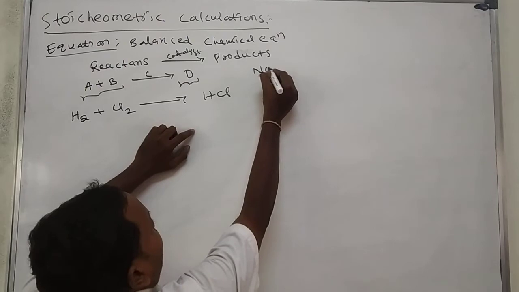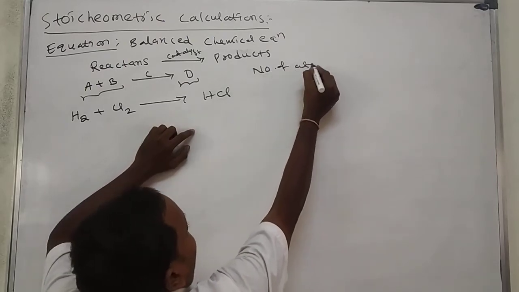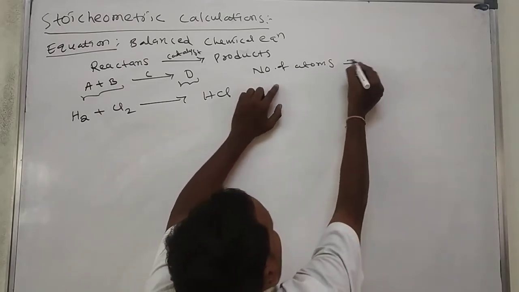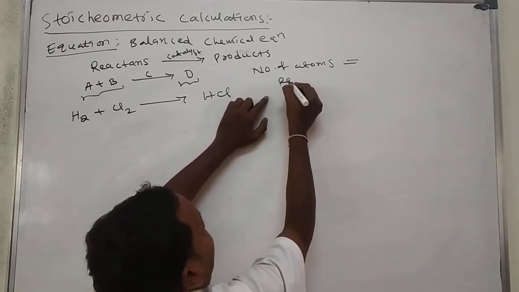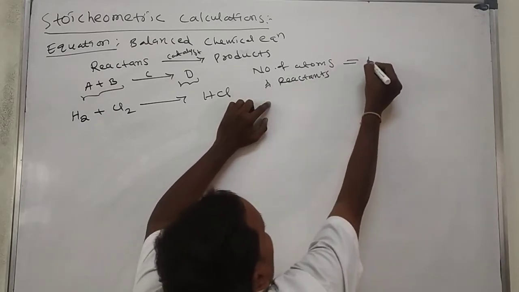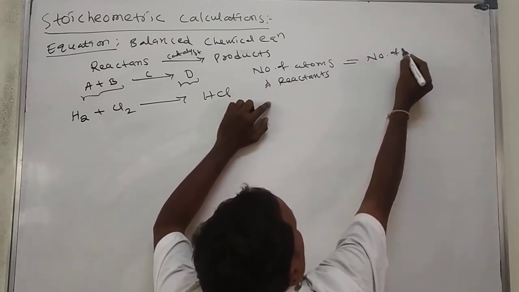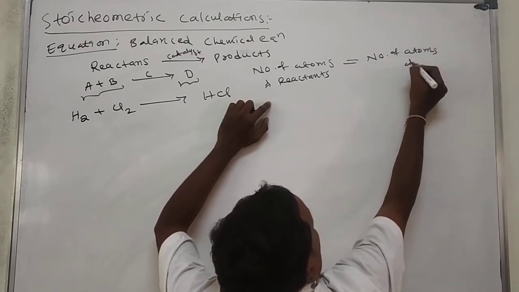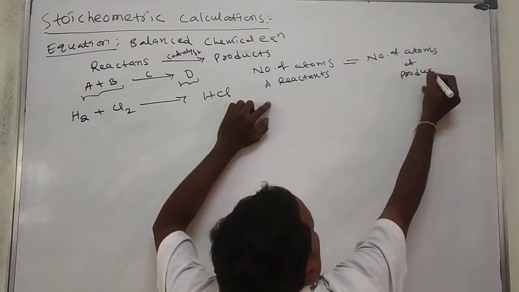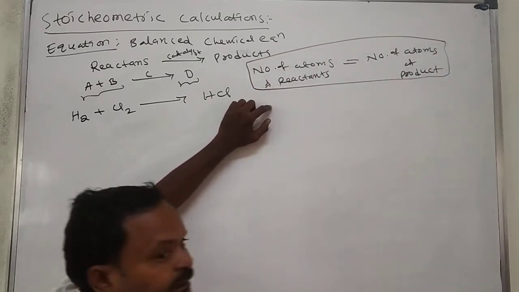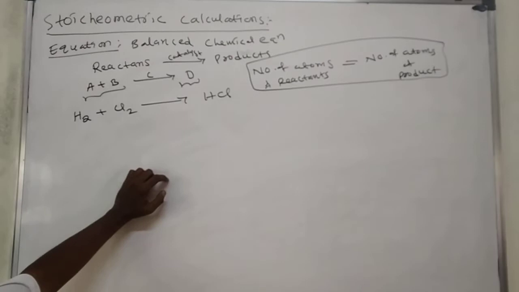The number of atoms on the reactant side and the number of atoms of the products, both should be equal. This we call a balanced equation or stoichiometric equation.